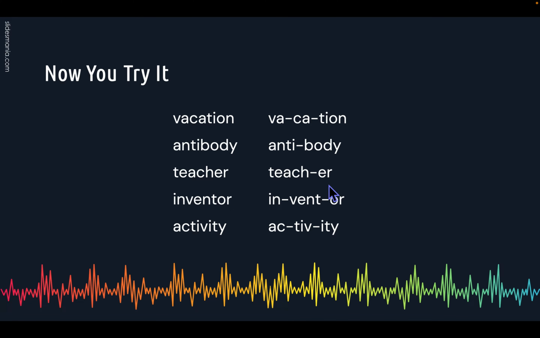Here we have the suffix er, teacher. Prefix in, suffix or, inventor. Here we have the suffix ity. So the tiv stays together. We're not dividing between the I and the V because we have this suffix here. And we split between the two consonants. Activity. And the root of that is the word active.